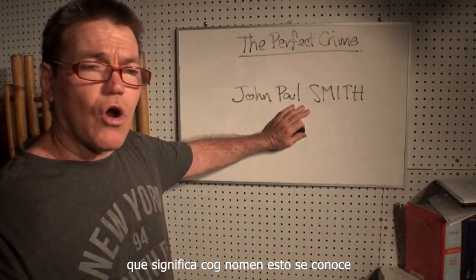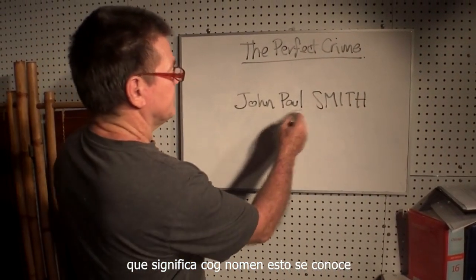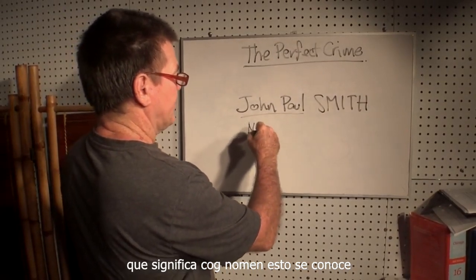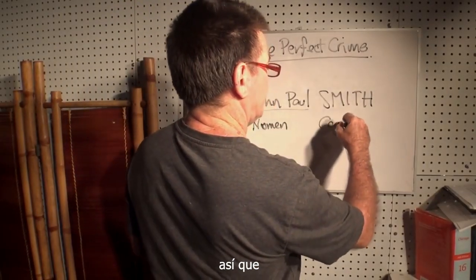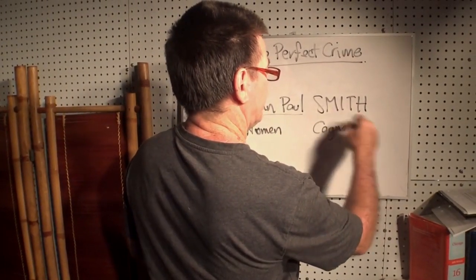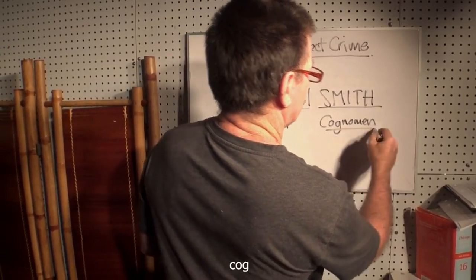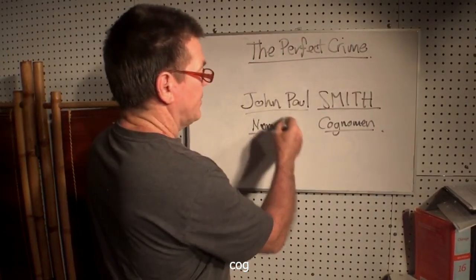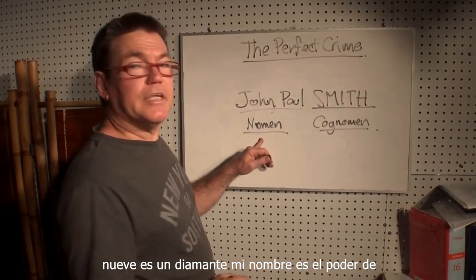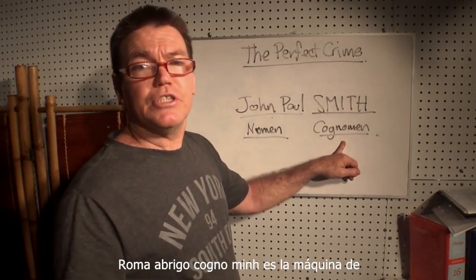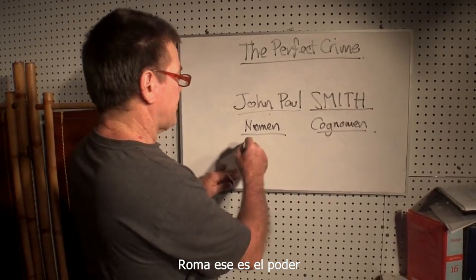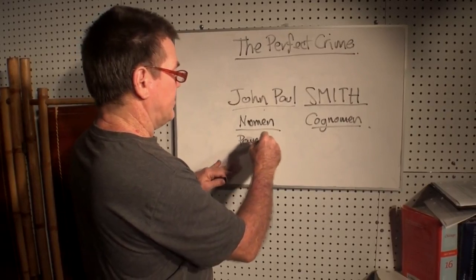So what happened in 1230 when they created the surname, which means cognomen? This is a nomen. This is a cognomen. A nomen is the power of Rome. Cognomen is the machine of Rome. So it's the power of Rome.